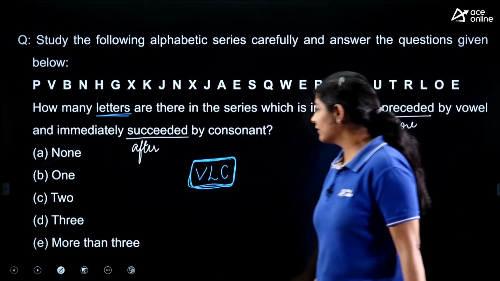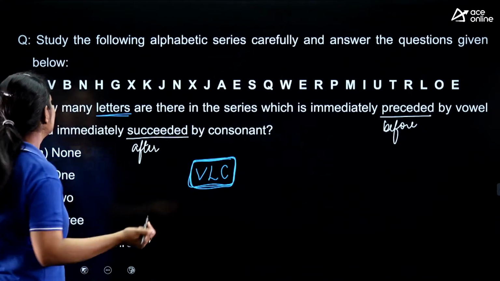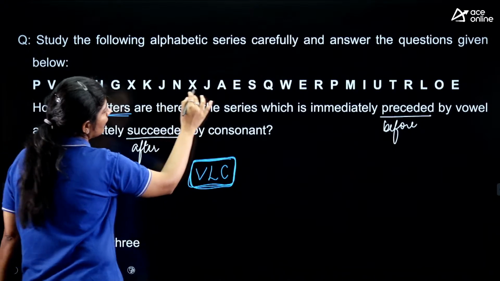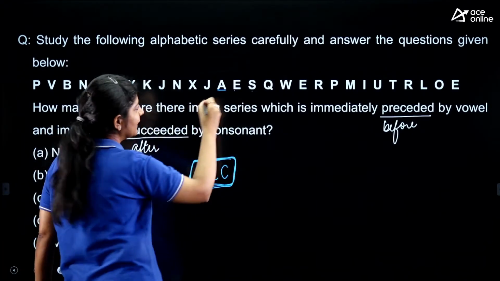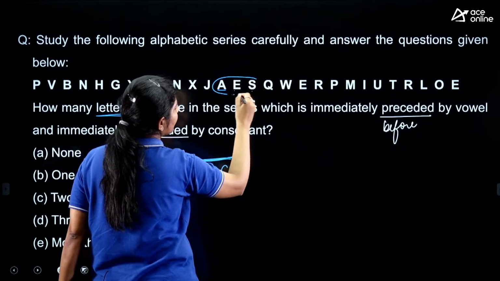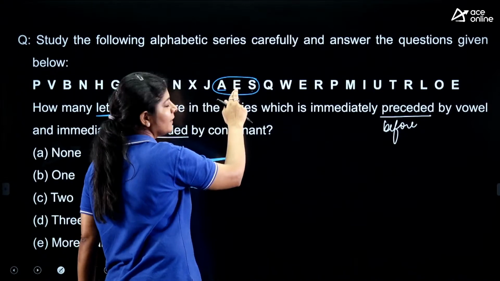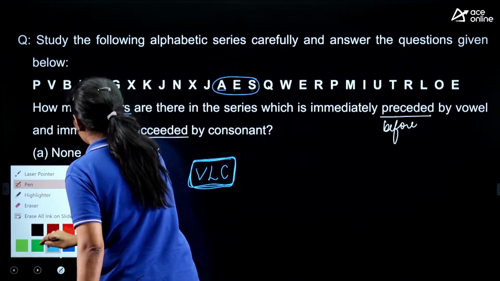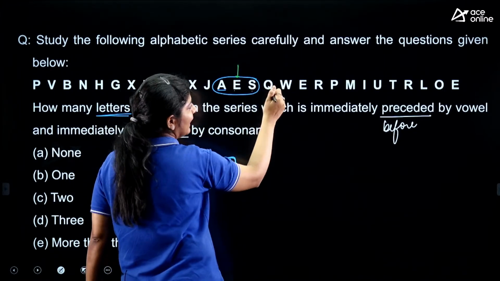So I know that I need a vowel, right? And I only have 5 vowels, right? So just check for the vowels first. Where is the vowel? Here. Letter. Do we have a consonant after that? Yes. That means we got our first pair. This is my vowel, this will become my letter and this is my consonant. Do we have more? Yes. Again I got my vowel, letter and consonant.